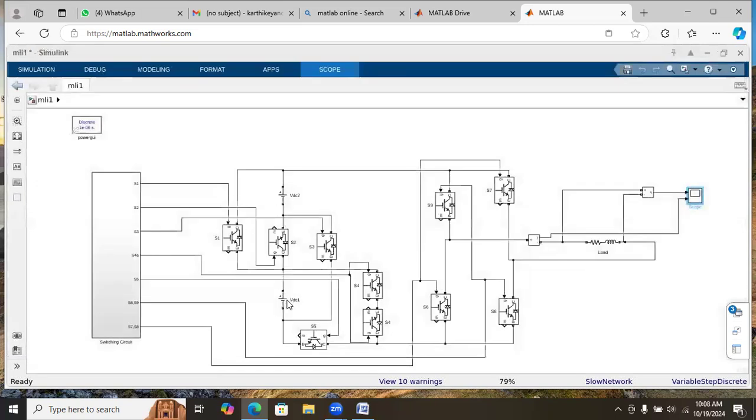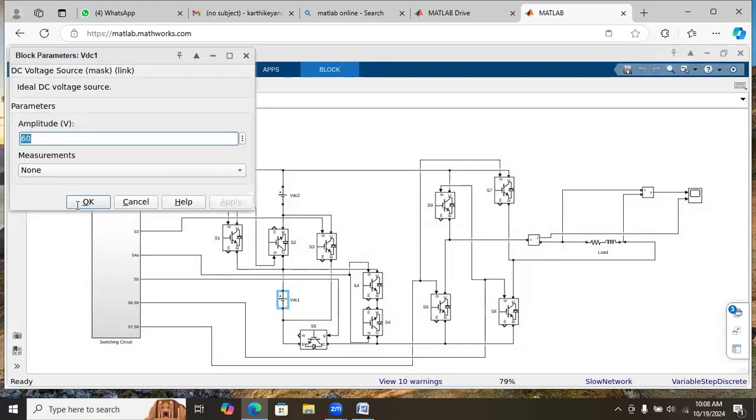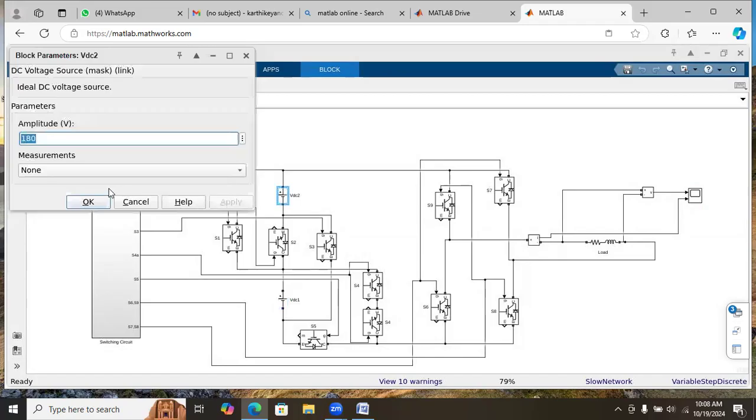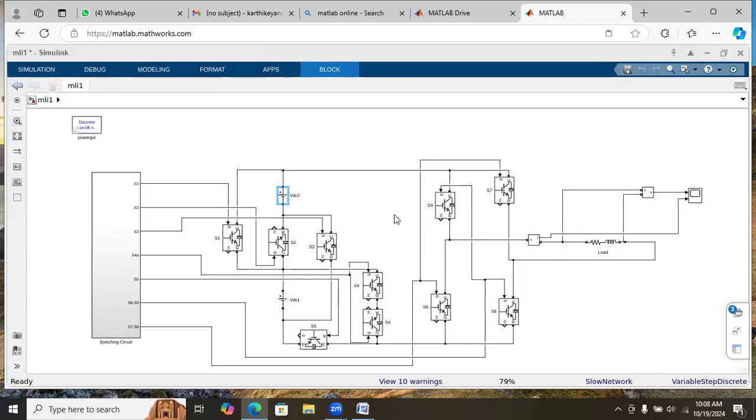And here the input voltages are in the ratio of VDC1 is 60, VDC2 is 180. That means 1:3 ratio. So the maximum voltage will be VDC1 plus VDC2, that means 240 volt we will get.